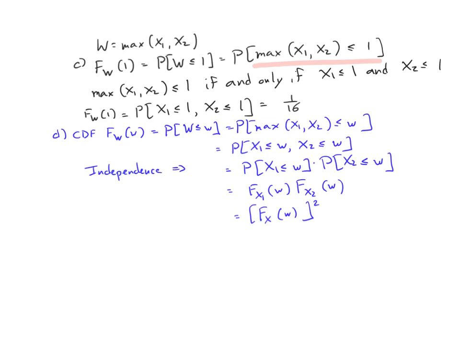And now you go back and revisit your answer for part A, where you found that the CDF of each of these x's, x1 or x2, is equal to 0 for x less than 0, x squared over 4 for 0 less than or equal to x less than or equal to 2, and 1 for x greater than 2.